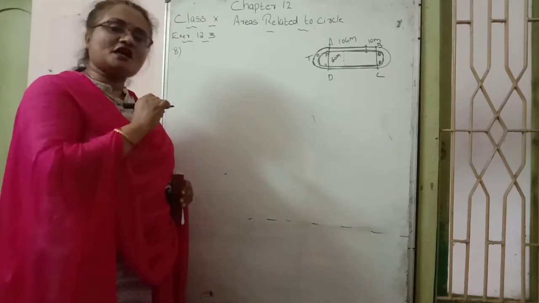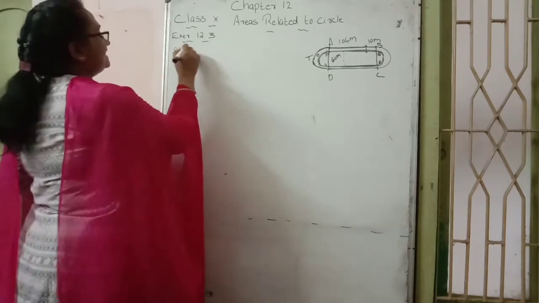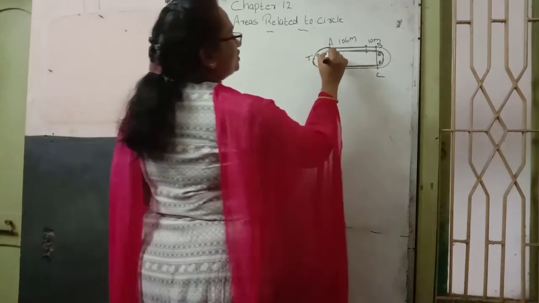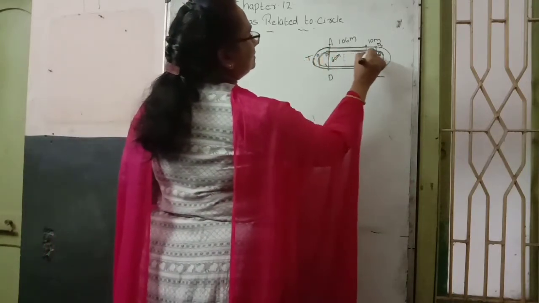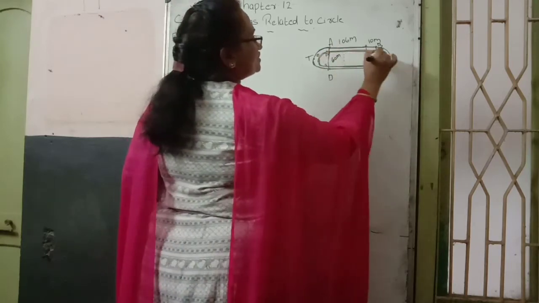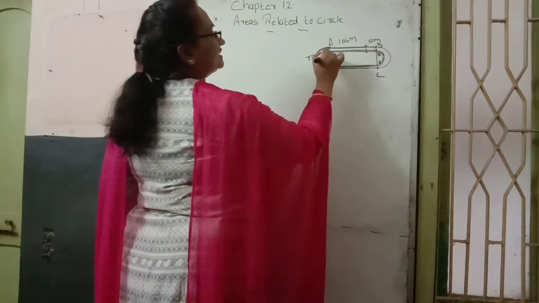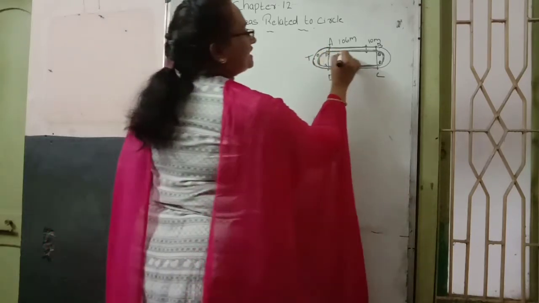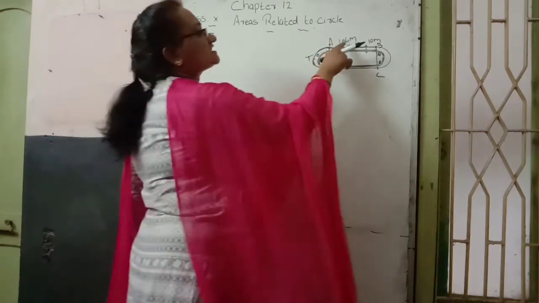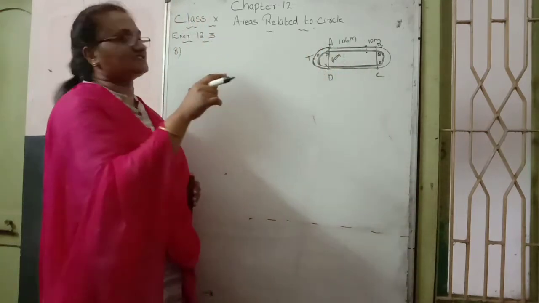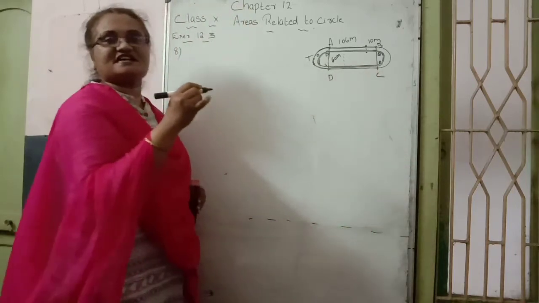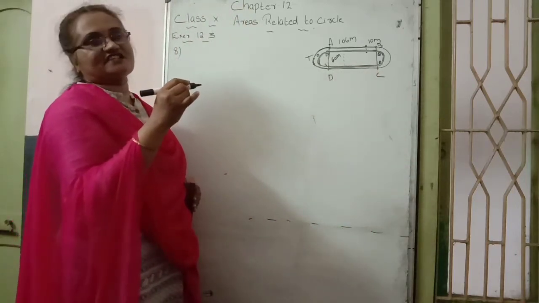They ask us to find the inner track perimeter. Here, the distance means the full inner part distance. P to Q represents the length, which is given as 106. In the same way, S to R also represents the length of the rectangular part.